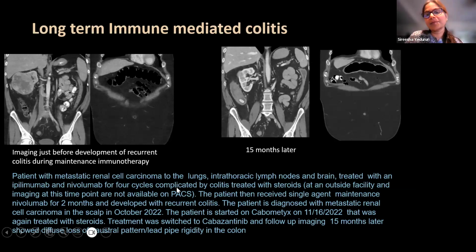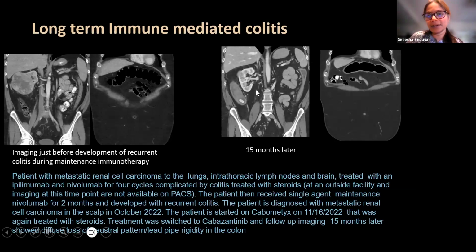It was complicated by colitis that was treated with steroids, and I don't have those images in between where the patient had colitis and he was treated at an outside facility. Then the patient received more immunotherapy and developed recurrent colitis. They started on another treatment, again treated with steroids.